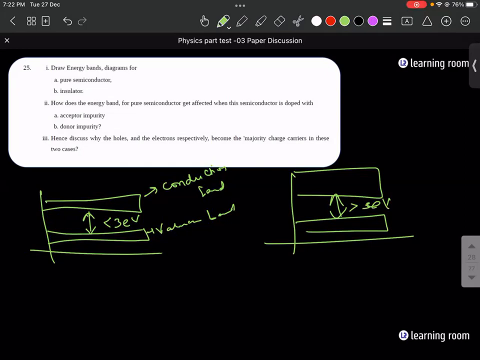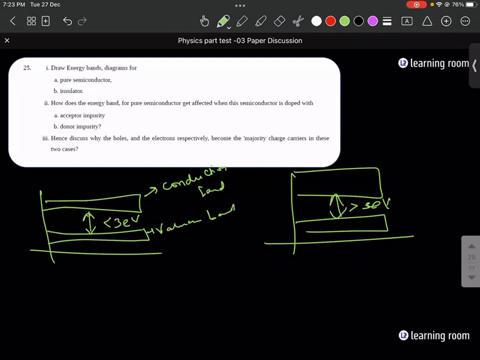How does the energy band for pure semiconductor, the intrinsic semiconductor, get affected when the semiconductor is doped with acceptor impurity? Sir, acceptor impurity means trivalent, right?